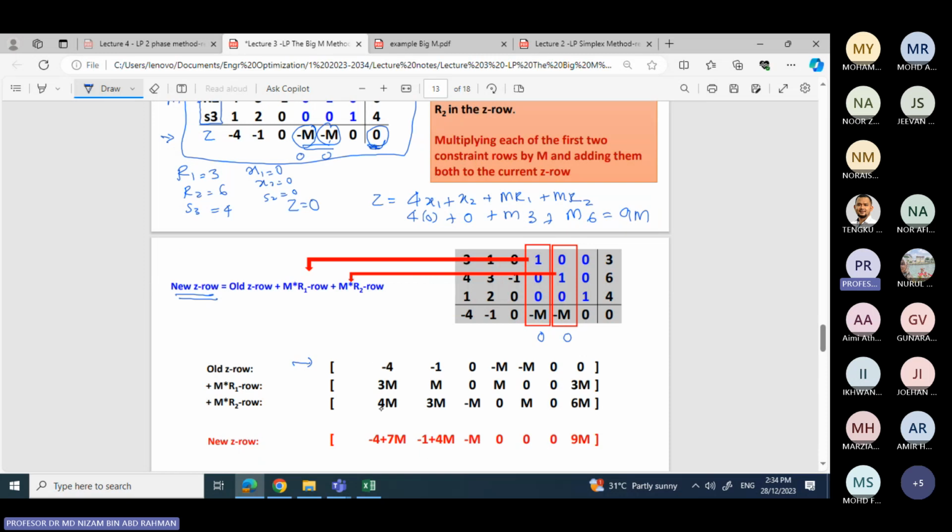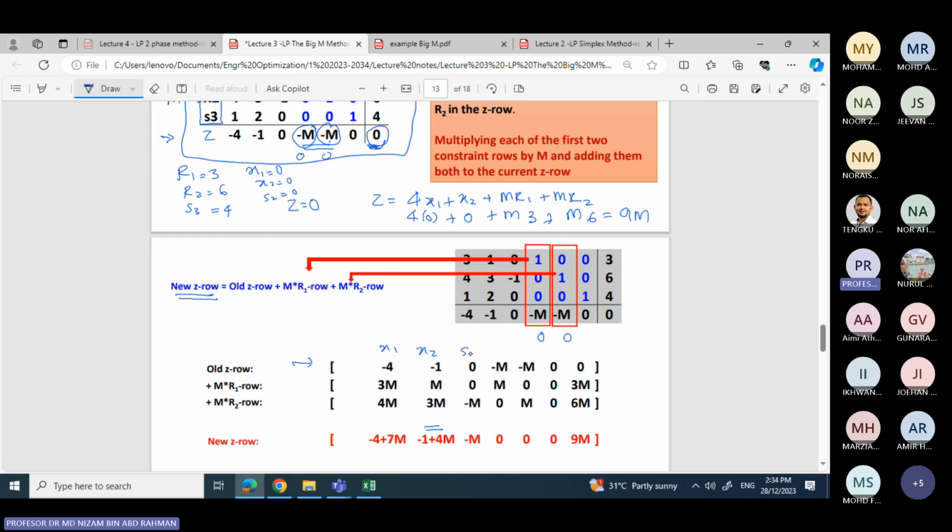If you add them up, basically you have 3M plus 4M minus 4, which is 7M minus 4. Over here you have 4M minus 1. This is M, 0, 0, 0, M. So remember, this is X1. This is X2.